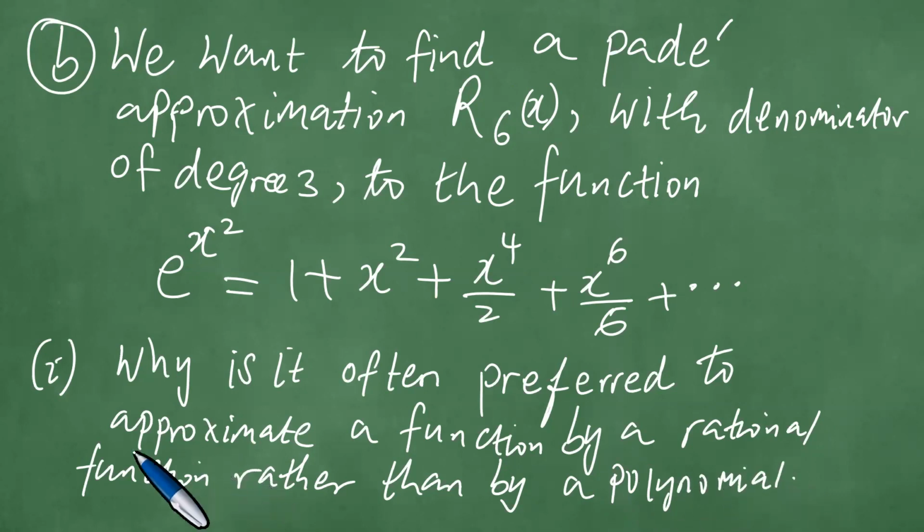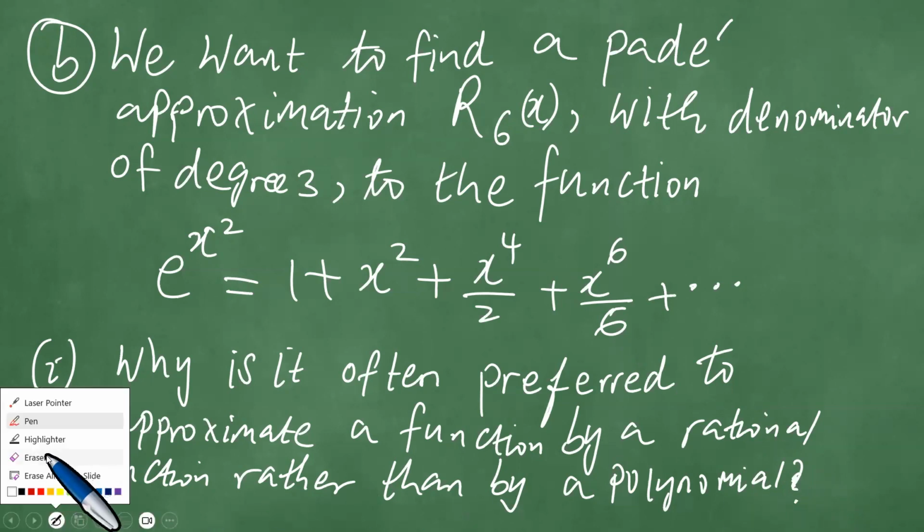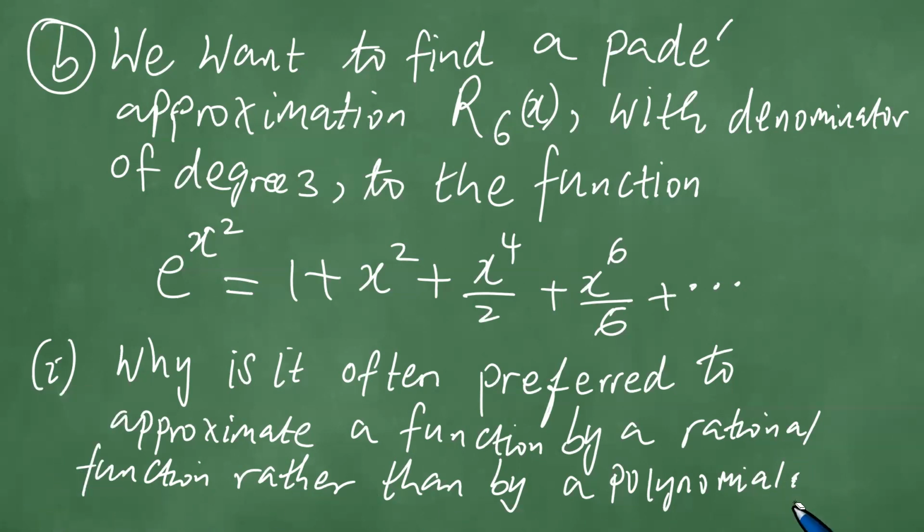Why is it often preferred to approximate a function by a rational function rather than by a polynomial? Next point.